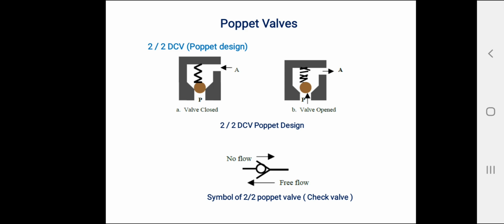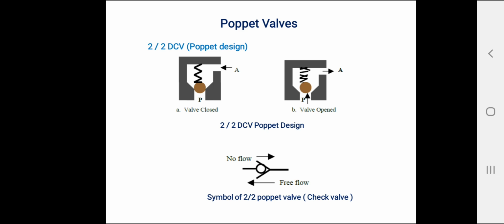In figure B you can see in the other direction the valve is closed by the ball poppet. Note the fluid pressure from A pushes the ball to its seat. Hence the flow from port A is blocked.